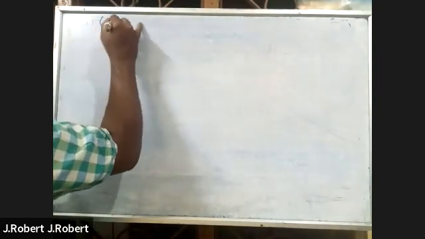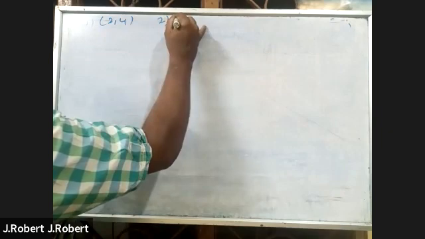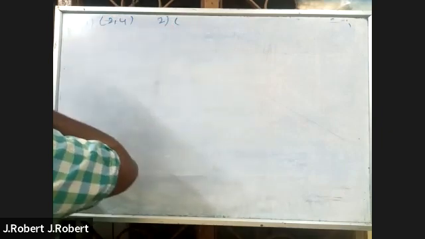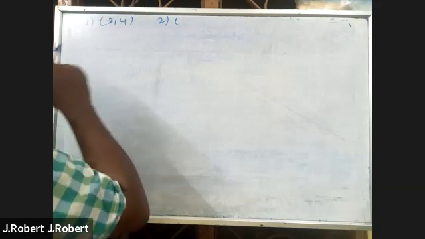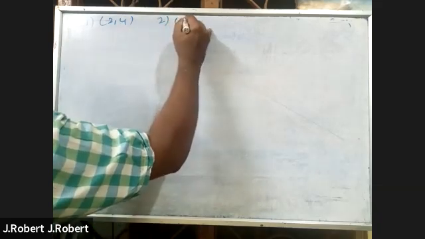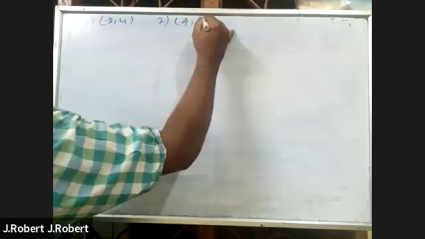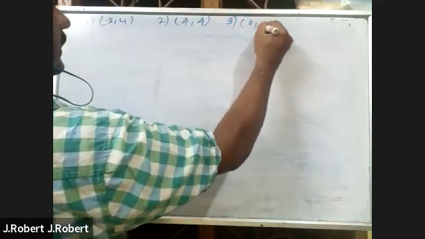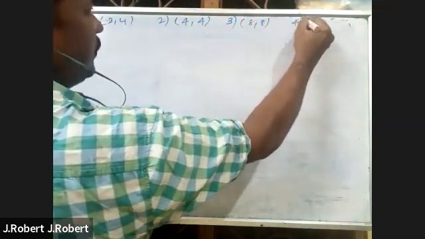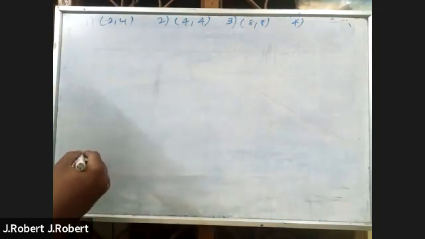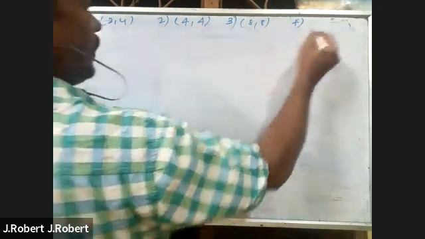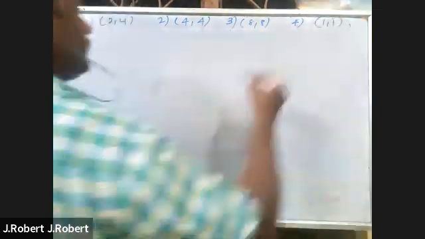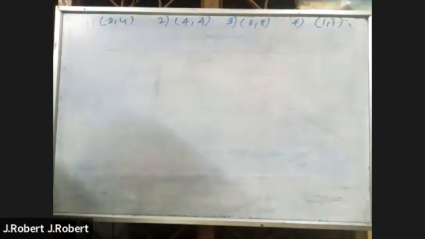First option 2,4. Second option 4,4. Third option 8,8. Fourth option 1,1. So these are the options given.